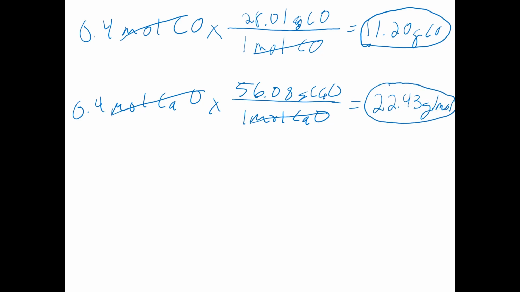Now I'm going to let you try the last two. Set those up the same way you did these first two here, and see what you come up with for an answer. For sucrose, you should come up with 132.13 grams.